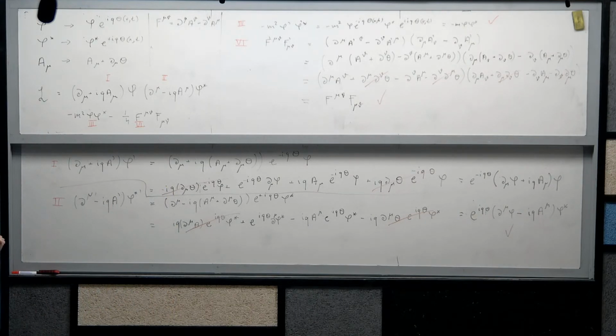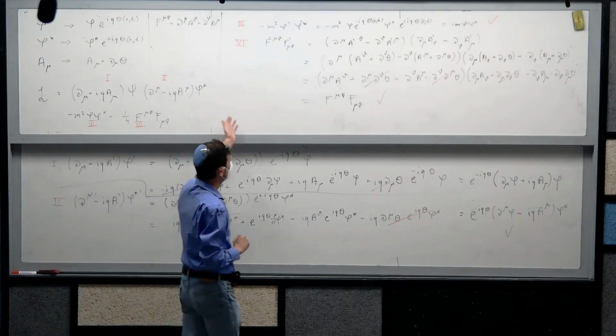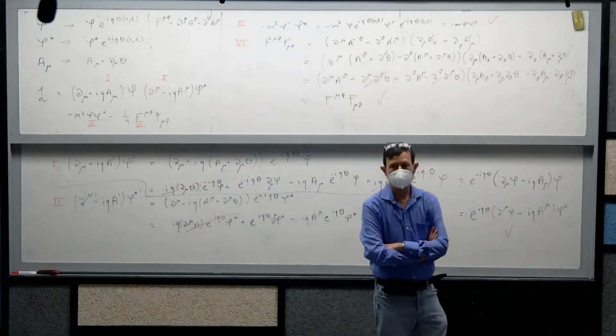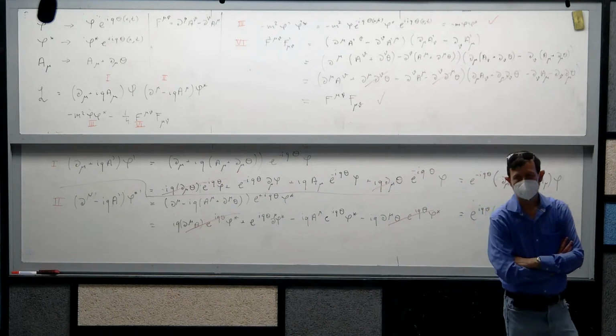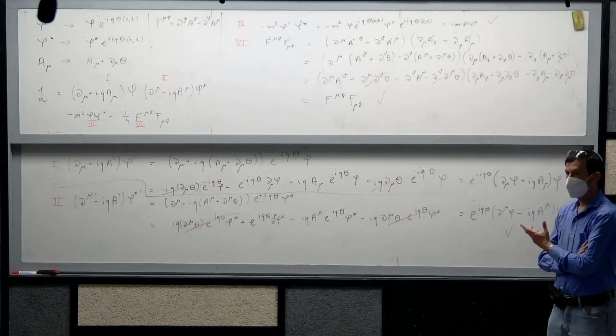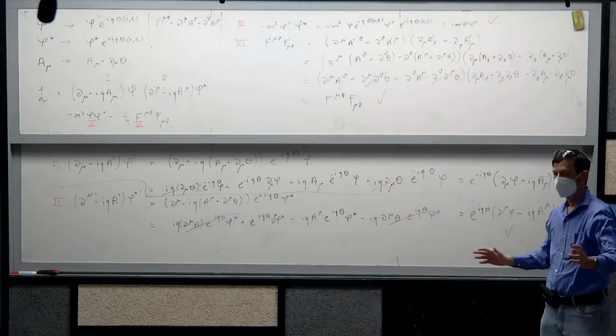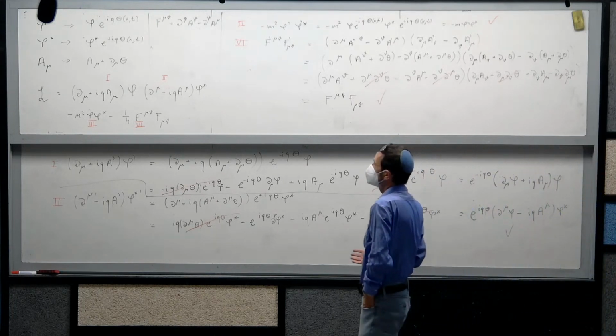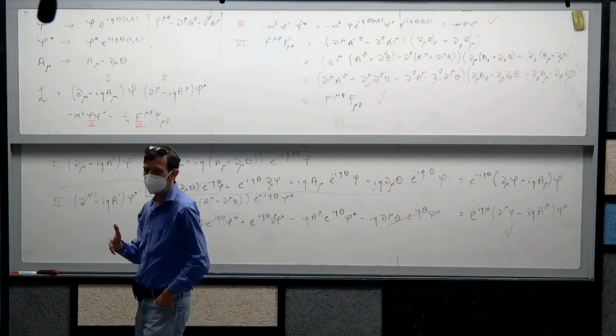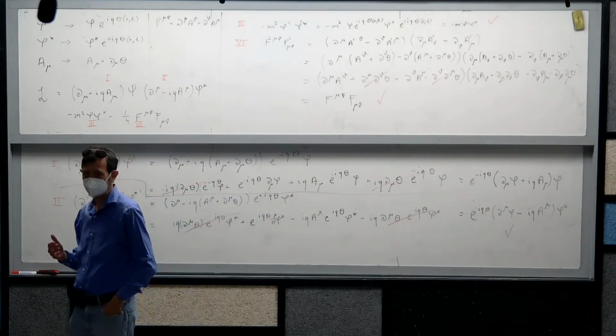And this guy has the additional advantage. Someone can tell me what is the additional advantage of this Lagrangian? Upon Lagrangians that we previously considered. Shows interaction.